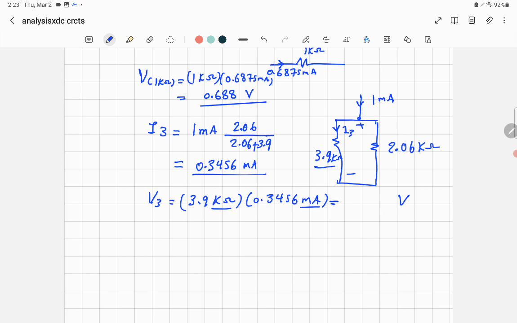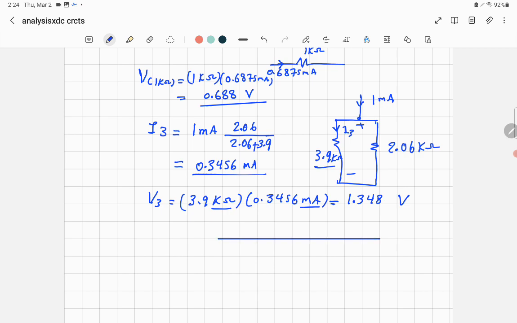I will just do that on the calculator here. 3.9 times that. That's equal to 1.348.